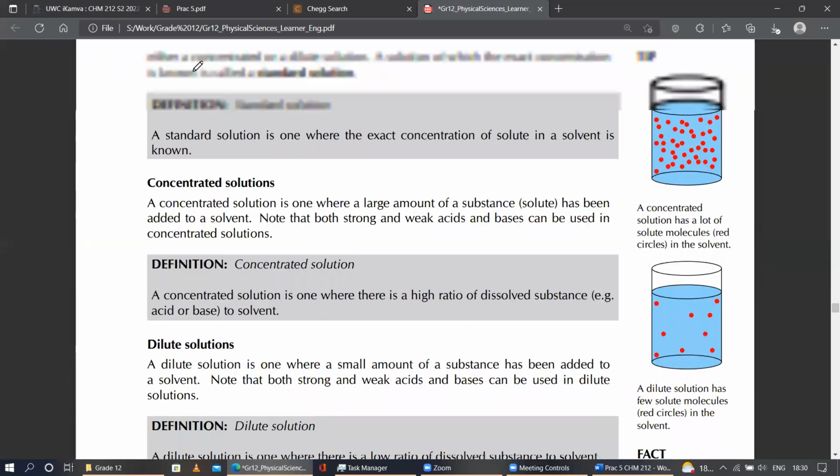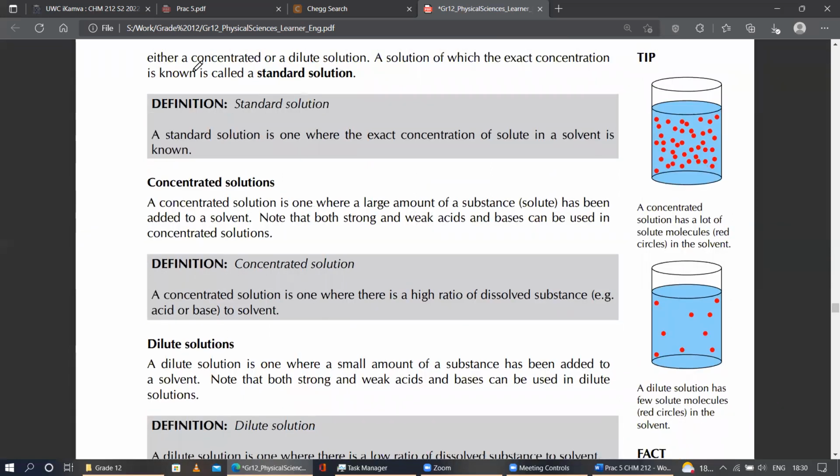So here, I'm not sure if they're going to ask you for these definitions, but they say a standard solution is a solution where the exact concentration of the solute in the solvent is known.